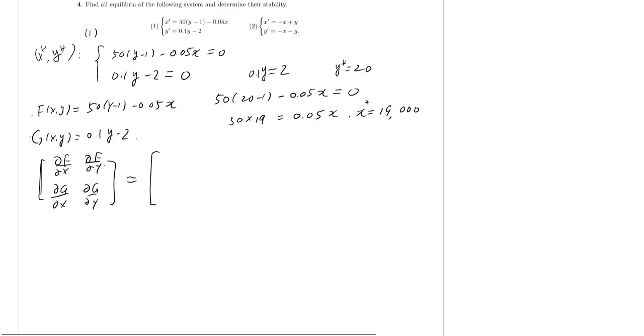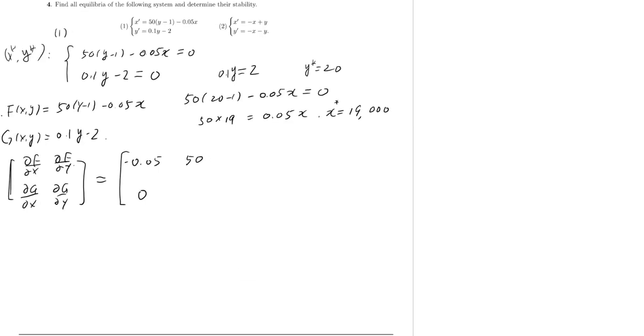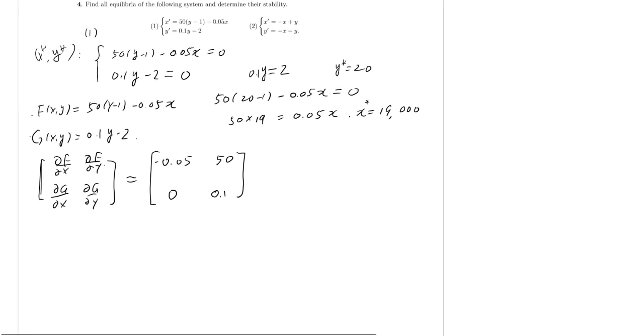If you take the derivative with respect to x for the first one, we have negative 0.05. And take the derivative with respect to y, we get 50. And for the second one, we have 0 over here, and then we have 0.1.